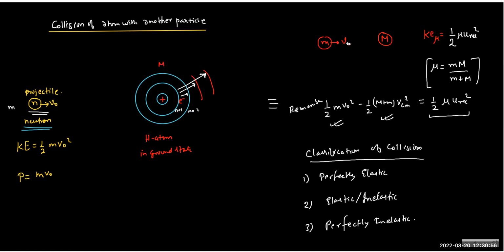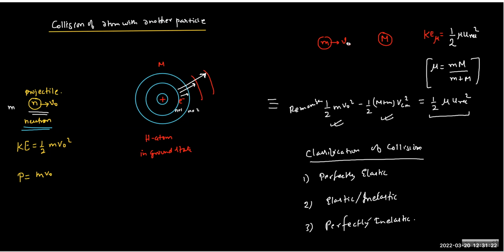So in case of atoms, how will this definition work? Because in case of particles or visible objects, the macro world, we know the meaning of these three words. But what about atoms? How can we define the collision as elastic, inelastic, or perfectly elastic? Okay.